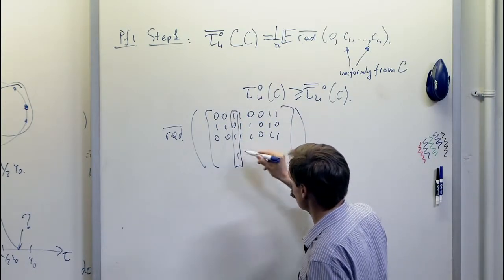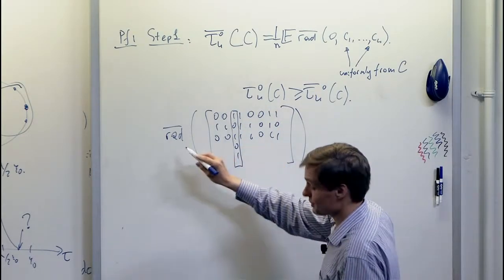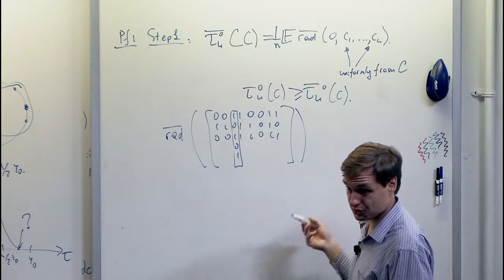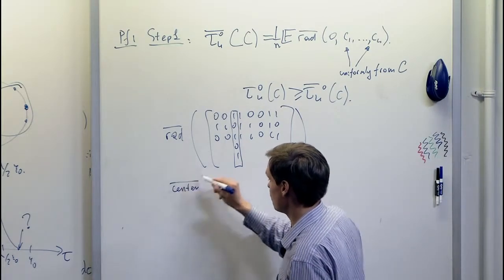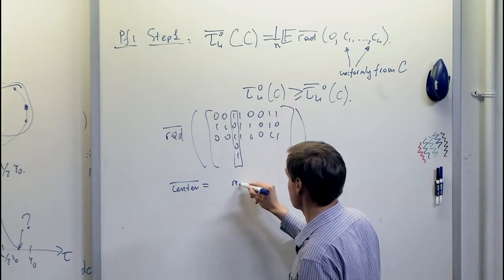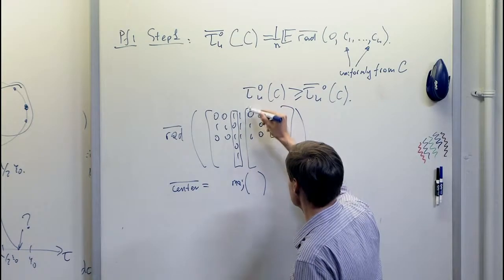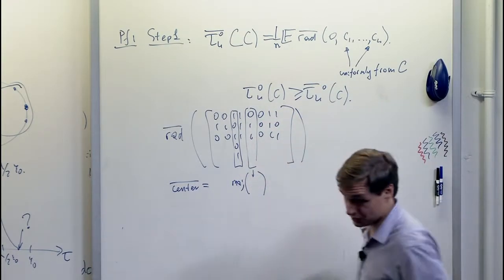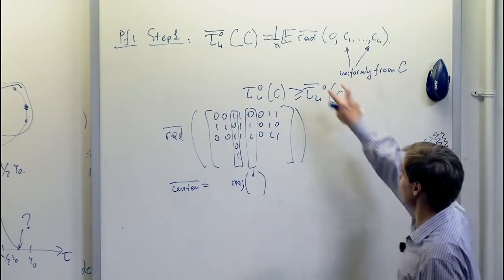Why? Because the center is always the majority vote. The center of moment of inertia is always the majority vote per column. So you consider each column and compute the majority vote.